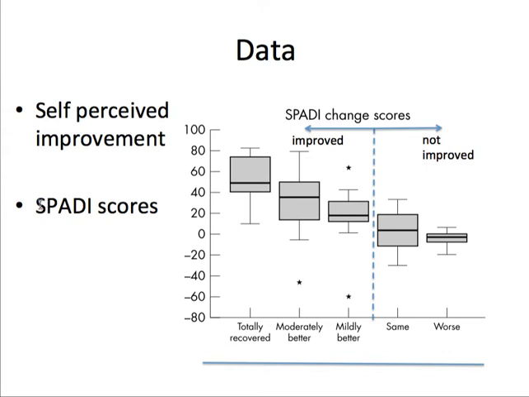And we've measured an initial score and an 8 to 12 week follow-up score. Now, at the second visit, we also gave them the perceived improvement scale, and we can see down here on the x-axis they've ranked themselves as totally recovered, moderately better, mildly better, the same or worse. And then we can look here on the y-axis and see how those categories rank on different scores.